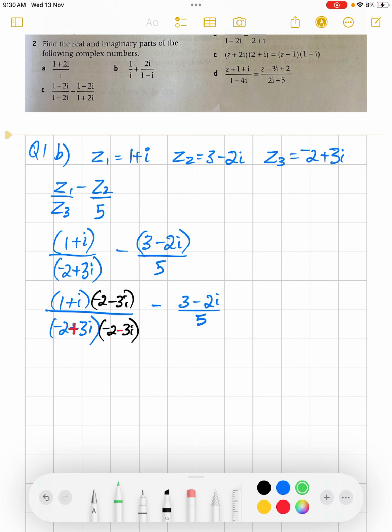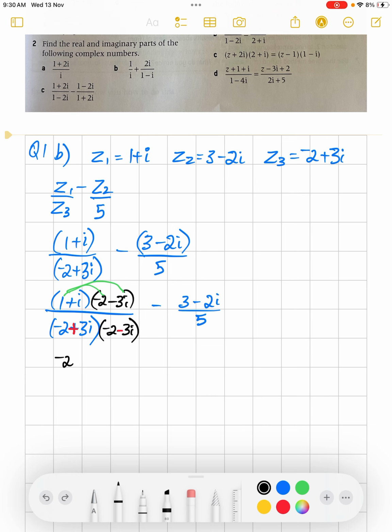Let's expand that, and we've got negative 2, we've got a negative 3i, sorry, let me just go back.